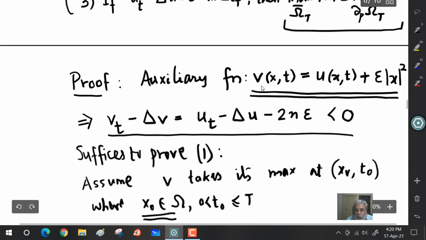We have put v equal to u plus epsilon times norm x square.